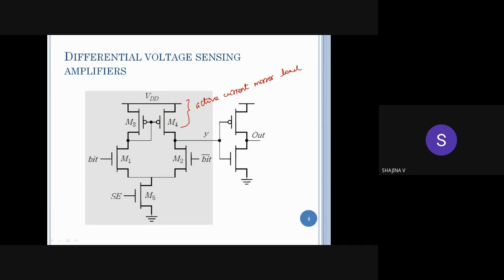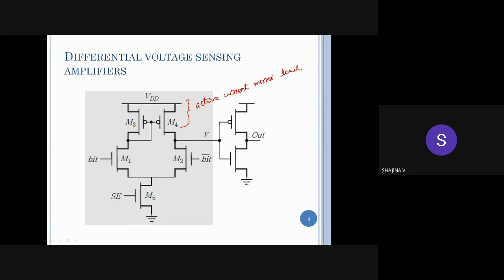Okay, so it will be in on condition. Simply we can say, instead of a load resistor we use active loads, right? You must have studied different active loads, and one of them is the current mirror load. So here in the differential voltage sensing amplifier, instead of a passive load, we are using an active current mirror load.